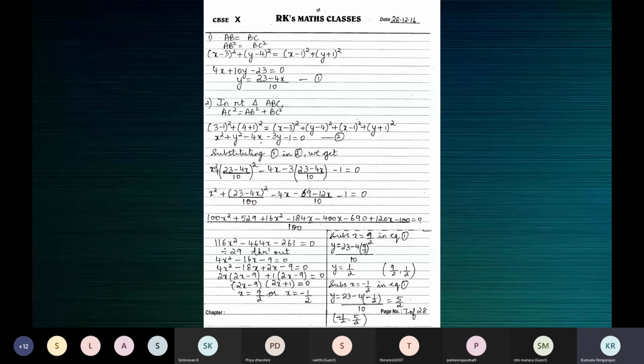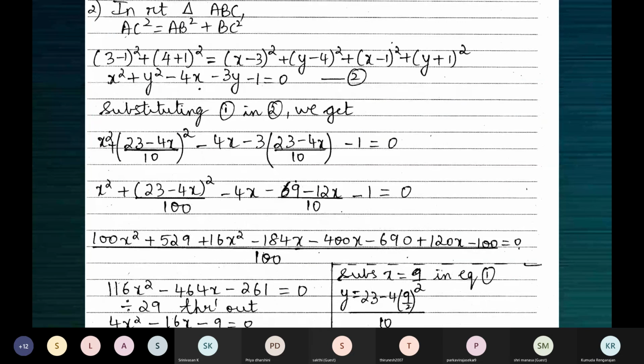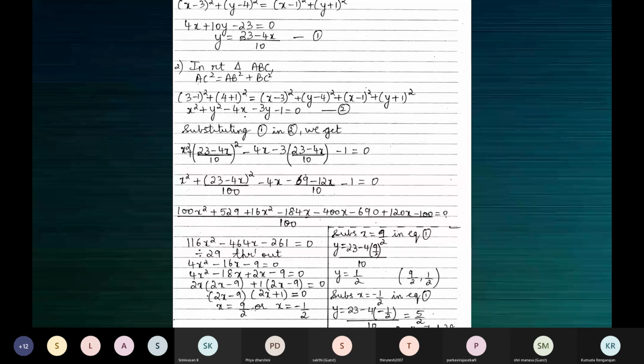Any questions here, children, in the previous one? It looks elaborate, yeah. It's very simple. You know the two conditions. If you know the two conditions, it's all algebraic. Be very careful with the signs.